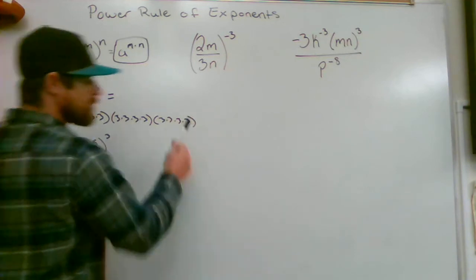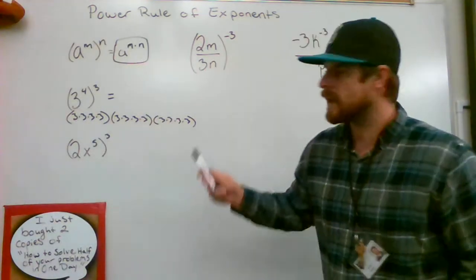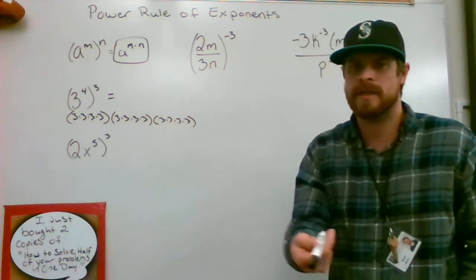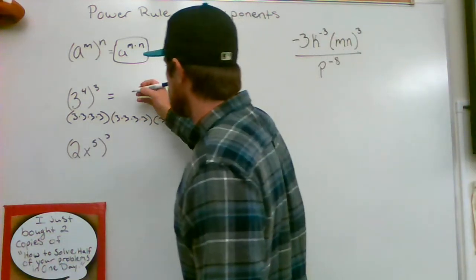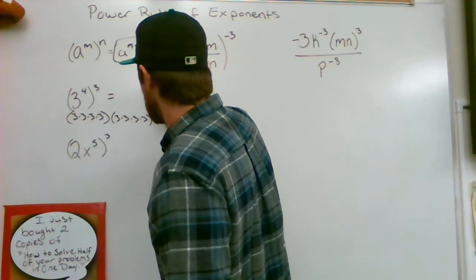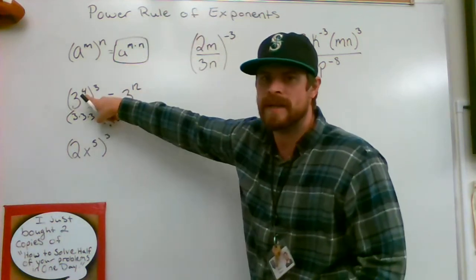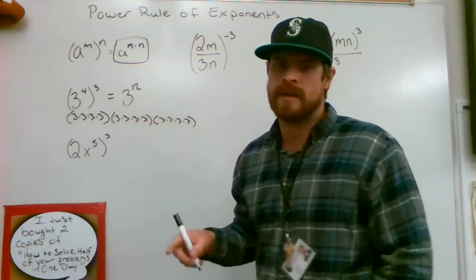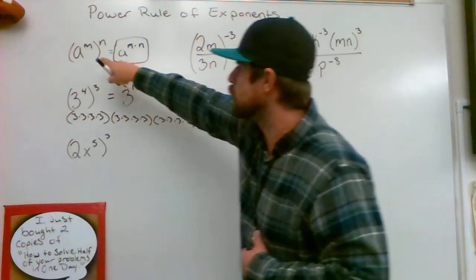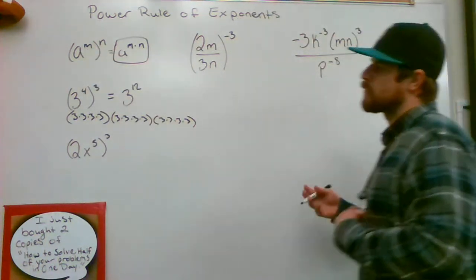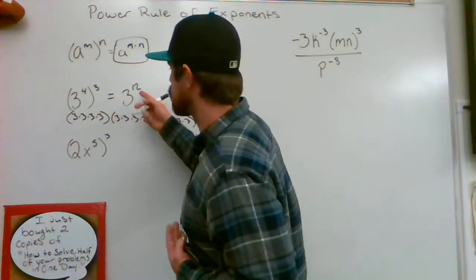And we have a grand total of, okay, count them up, 4, 8, 12 threes. So the answer here is really 3 to the 12th. How did we get it? We just multiplied that 4 times that 3. Because knowing the power rule, it tells us just to multiply our exponents. So we have a 4, we have a 3, we multiply those out, and we get a 12.